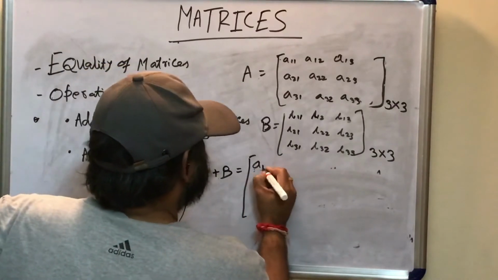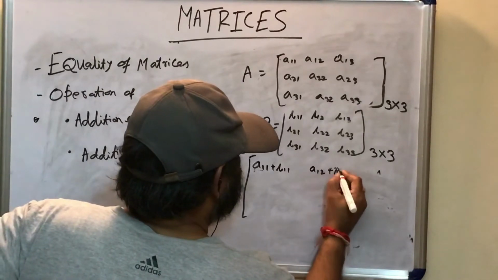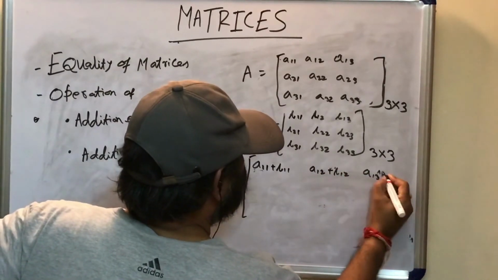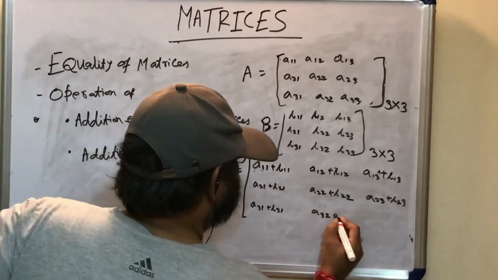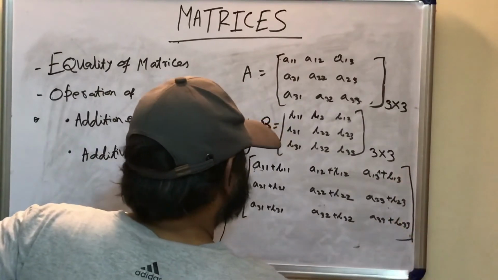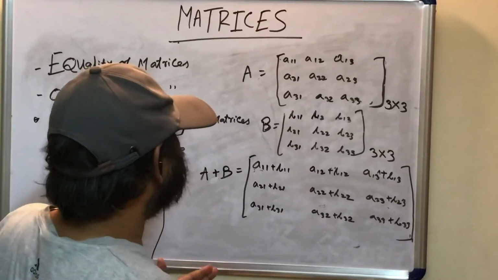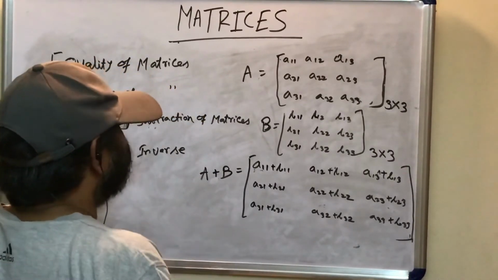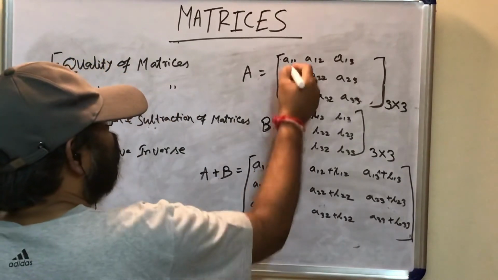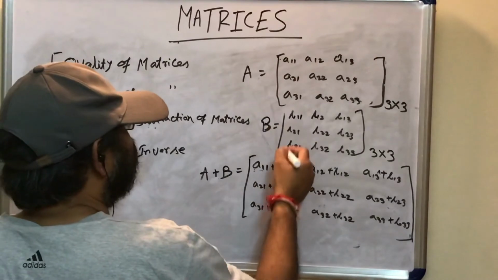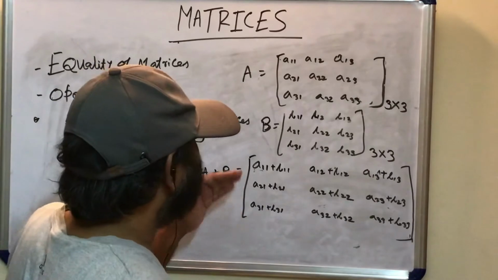Now what would be the addition and subtraction? A12 plus B12, A13 plus B13. So what is the addition? Addition is nothing but the corresponding element of matrix A added to the corresponding element of matrix B. That is, A11, the first row and first column element, is added to the first row and first column element of matrix B, and so on.